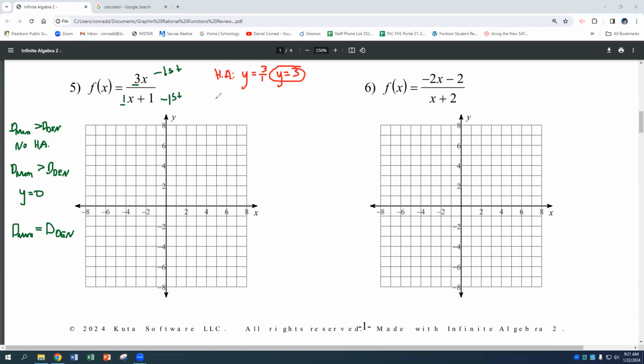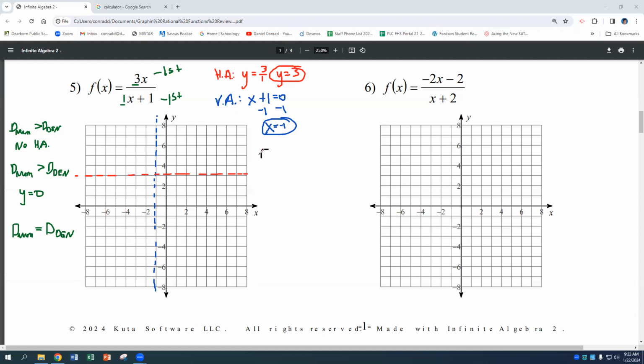Okay, vertical. We do the same thing we were doing before. We're going to set the denominator equal to 0. So x plus 1 equals 0. I'm going to minus 1 on both sides, and I get x equals -1. So I have a vertical at -1 and a horizontal at 3. Okay, and then we're going to do the same thing. We got to pick a point.